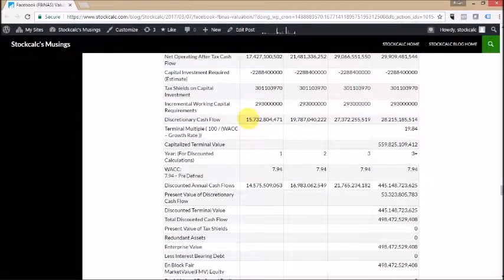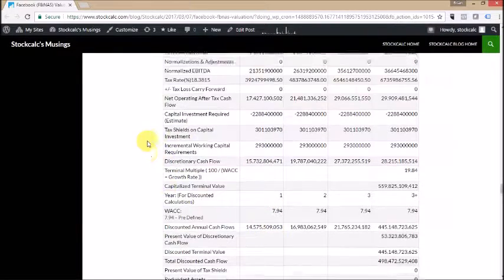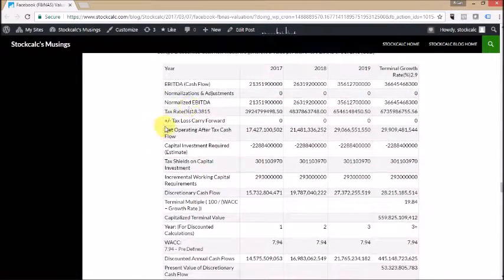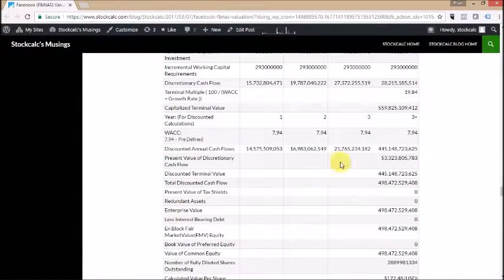All of that is distilled down into a discretionary cash flow, which is discounted to the present. So this is called a discounted cash flow. So what we're doing is taking cash flows, making adjustments to them, bringing them back into the present time.